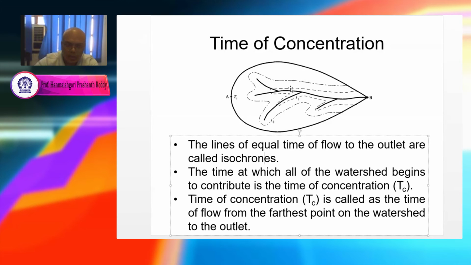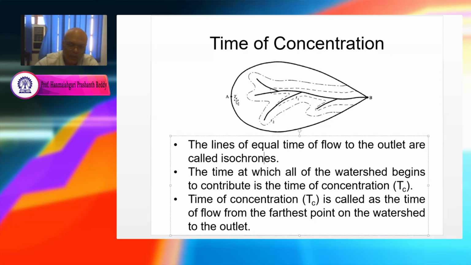What does that mean? Once the rainfall starts, rain falling close to the outlet reaches it quickly, but a little farther away it takes more time. Similarly, water from a far away area takes more time to reach the outlet.